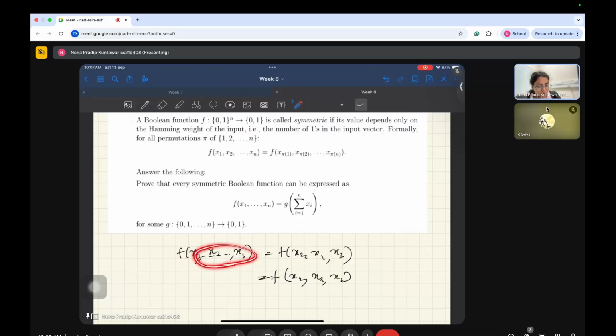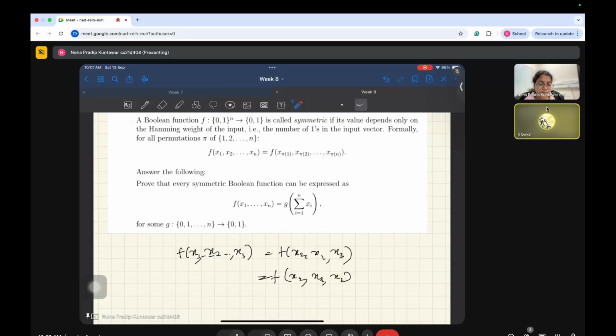If the value of the function does not depend on the order of the inputs, but only on the total number of ones in it, then it's a symmetric function. This is one definition, and there is an equivalent definition, and you want to show that both are the same.